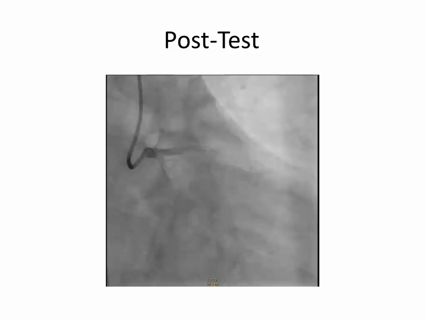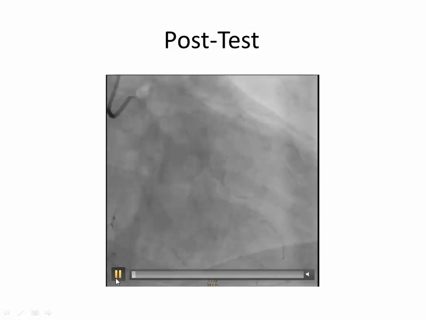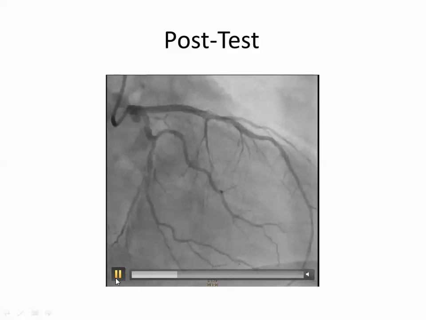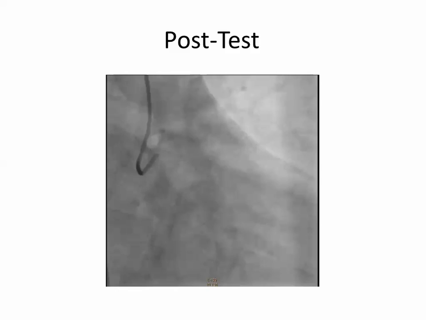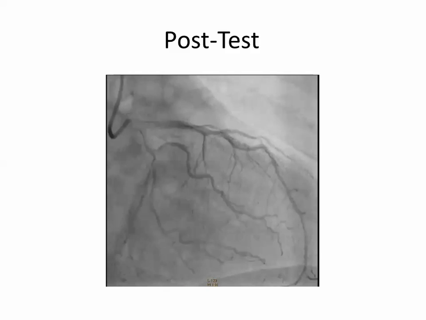So it's RAO. What's the wall? Anterior, inferior, and there is the back with the atrioventricular groove. So anterior, apex, and inferior. So the vessel at the bottom of the screen, what's this?